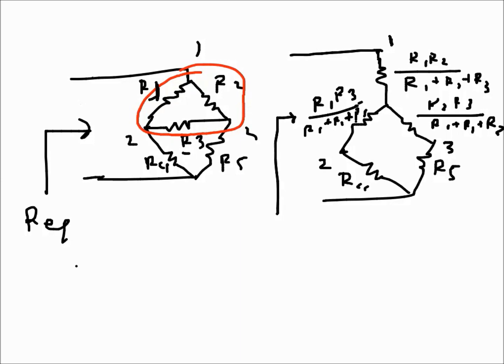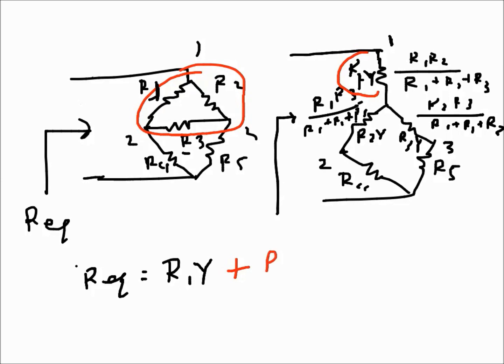So that's it, and then these two are in series. If I call this resistance R1Y, this one R2Y, and this one R3Y for the sake of simplicity, then R equivalent finally will be R1Y, which is this resistance, plus R2Y, in series with R4, which is this one.